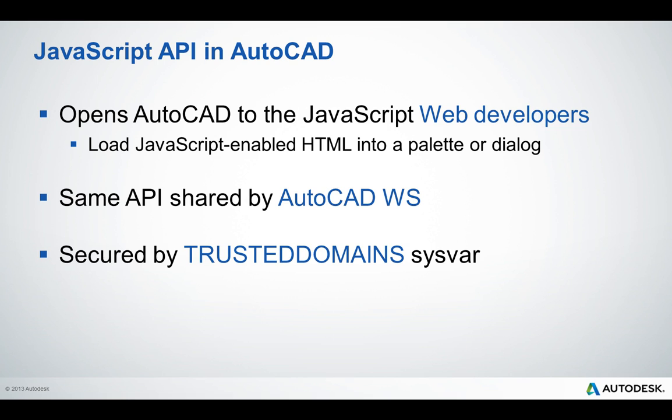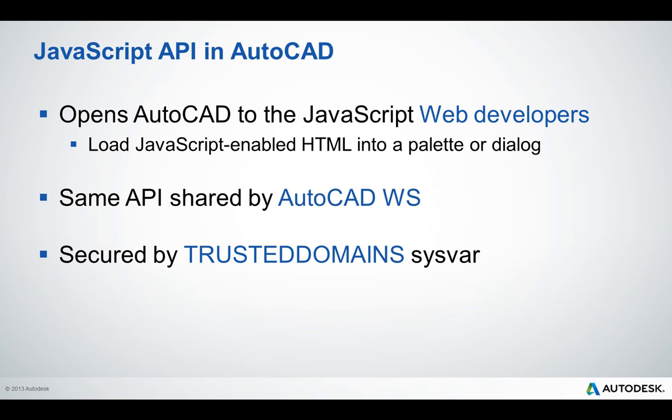As well, the same API will be shared by AutoCAD WS. So basically the same code based on JavaScript will be able to run equally inside the AutoCAD user interface and the AutoCAD WS interface.